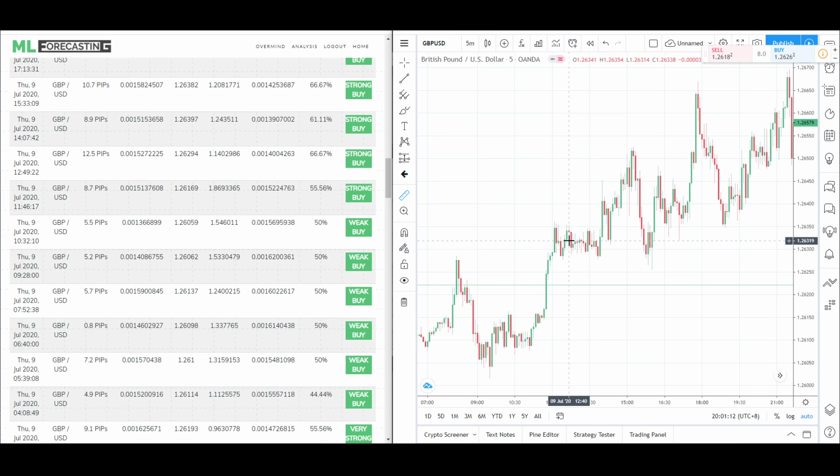Then we go 11.46. And same goes for that one. See there, 11.45, 46. We entered on the way up here and captured that. 10.32, I should say, will be the same. Yep, another enter there. So a couple of good winners there.